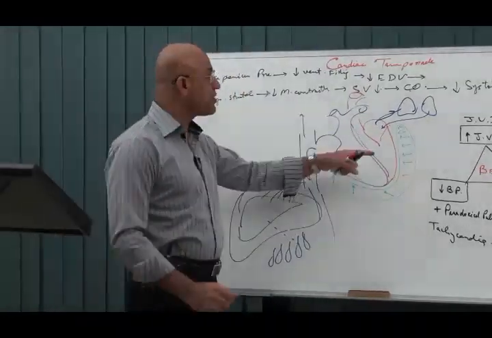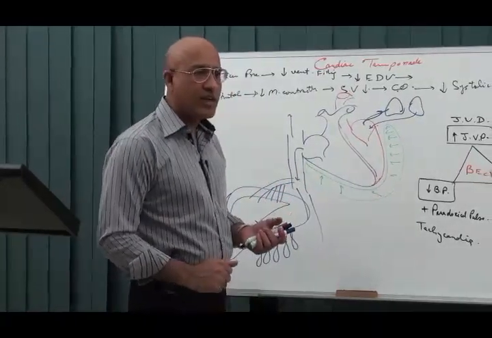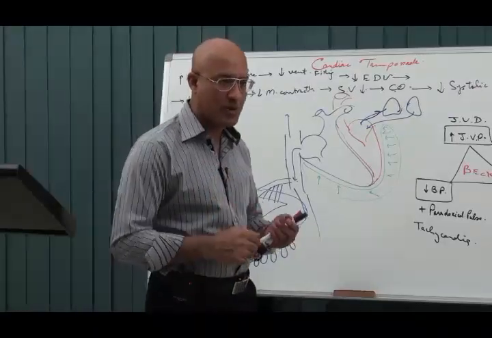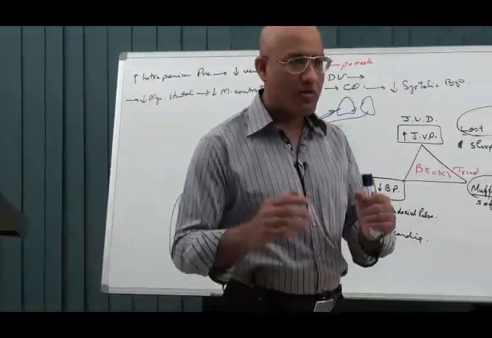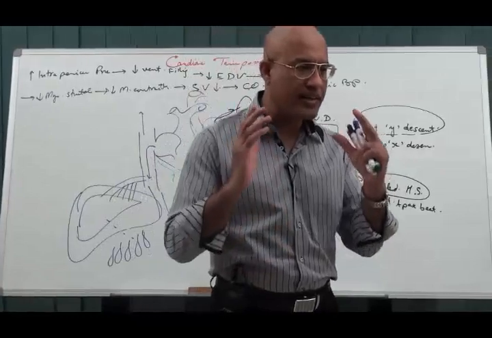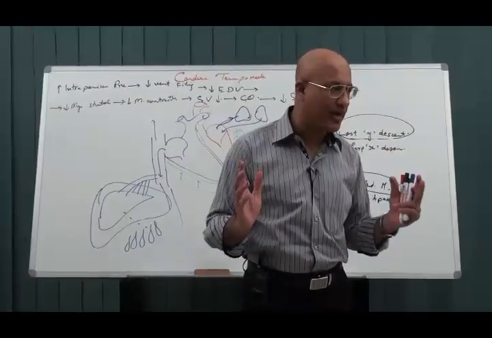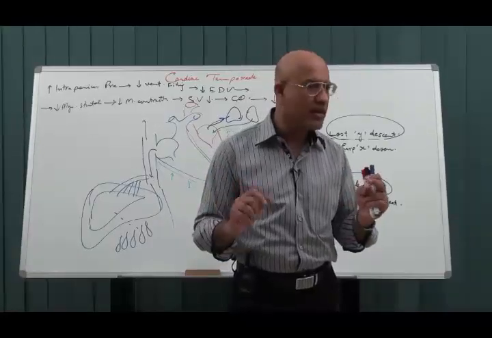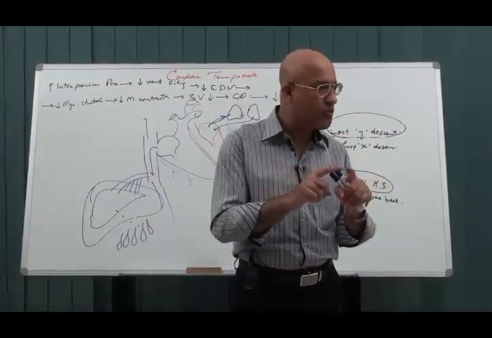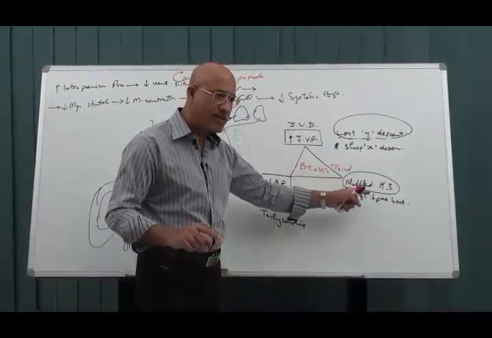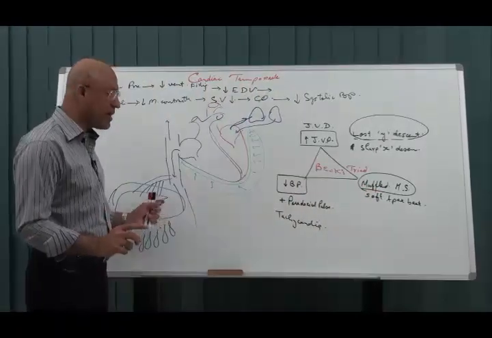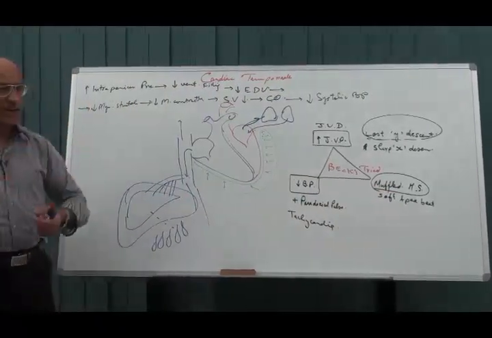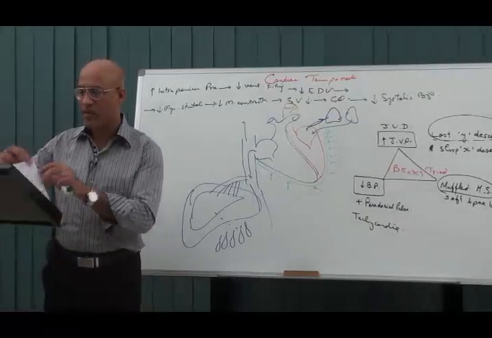But this type of situation is seen in subacute or chronic tamponade. So in a very acute tamponade, you will find the classical Beck's triangle. But in subacute or chronic tamponade, there may be some mild features of Beck's triangle, with some features like heart failure. Am I clear?